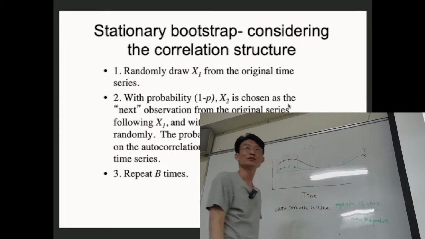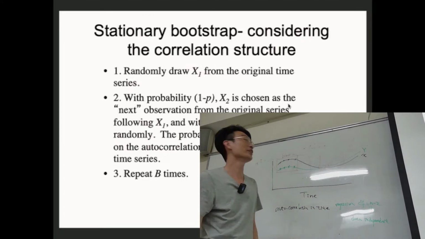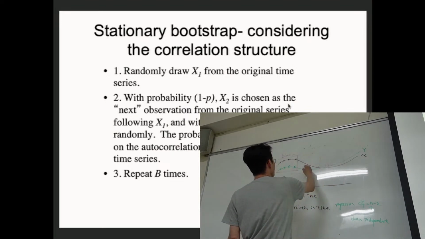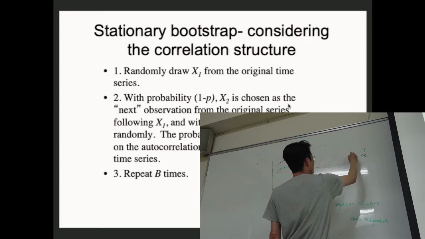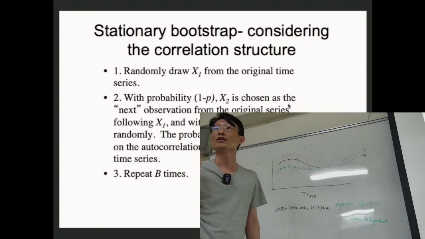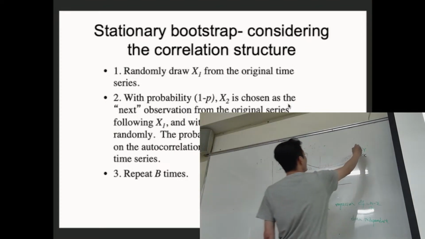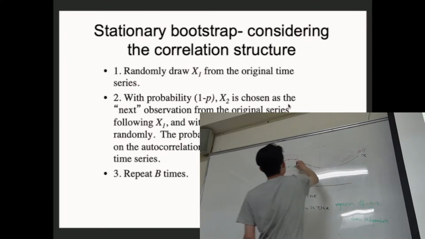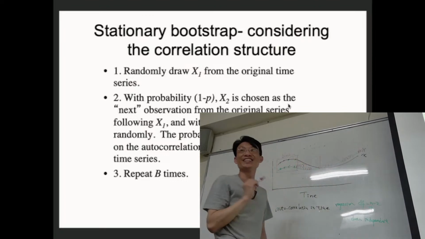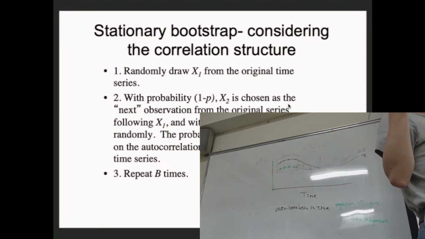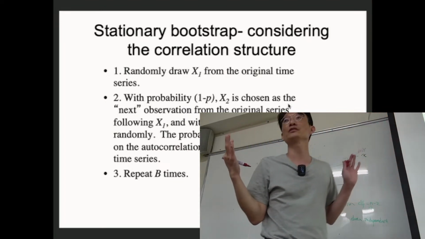And then there's a certain probability I jump, maybe here, and then the next one, next one, next one, and I jump again. So they create another potential combination, with randomness.